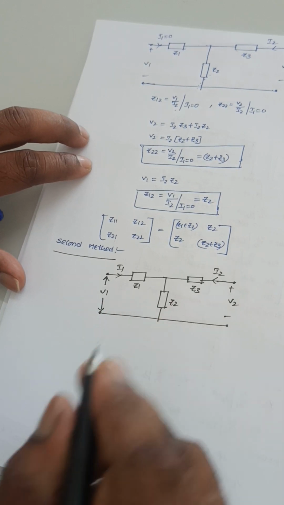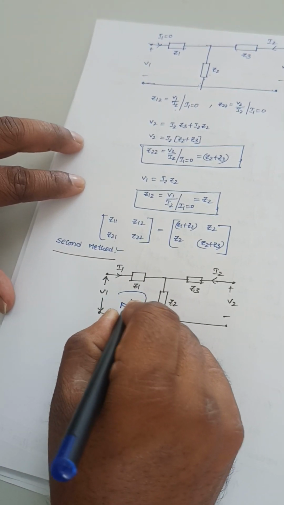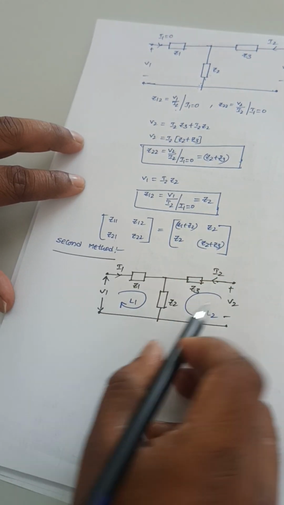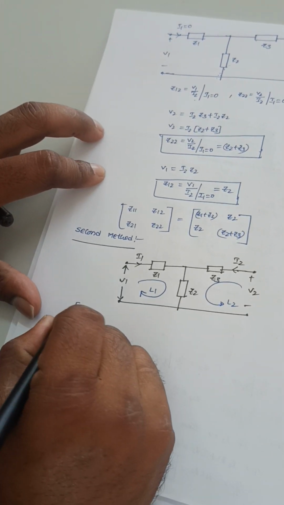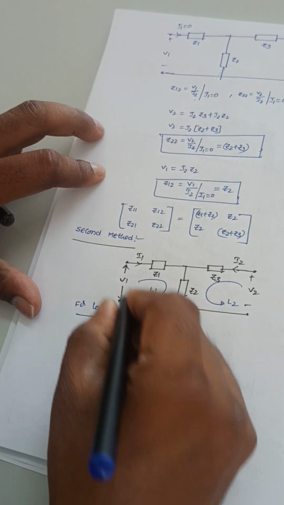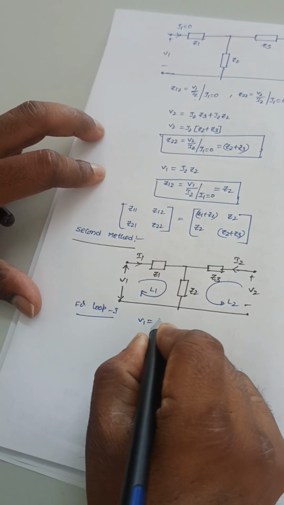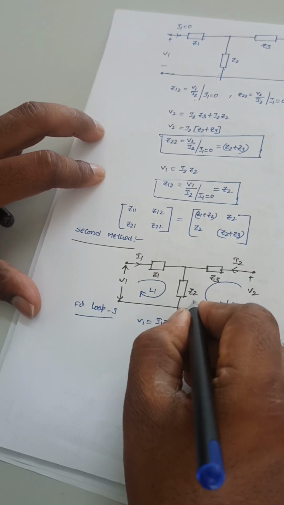Now there are two loops present here. Let us consider it is loop 1 and it is loop 2. Since the current is flowing like this, I am taking the direction of this loop like this. So for loop 1, I am writing the KVL mesh equations here. So V1 is equal to I1 into Z1 plus this current plus this current.